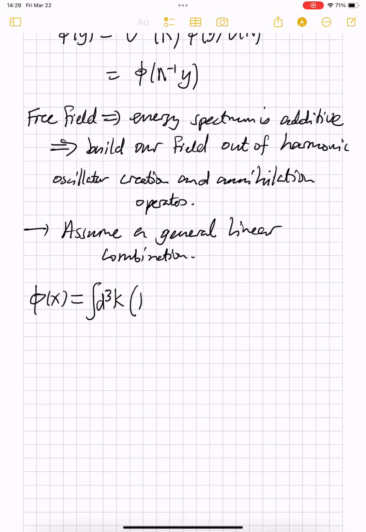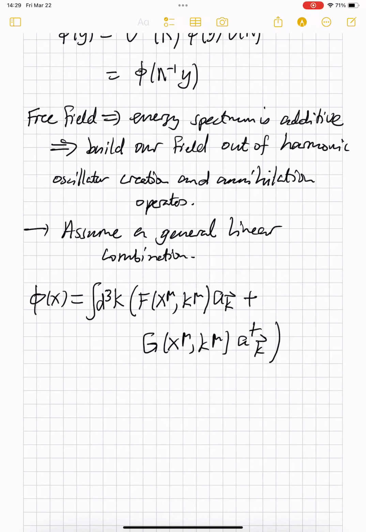Then we will have the most general coefficient we can think of, something that depends on position and momentum as an arbitrary function. We've got a_k plus, and then we'll have a coefficient g, again an arbitrary function of position and momentum, and a dagger of k. Okay, so that's what we're going to assume for our field.